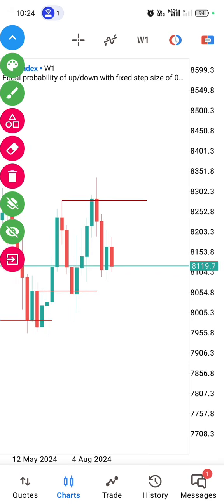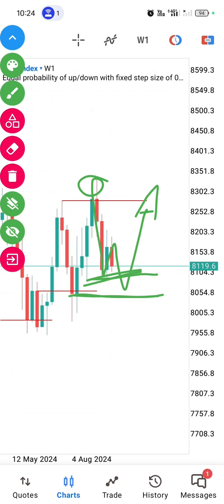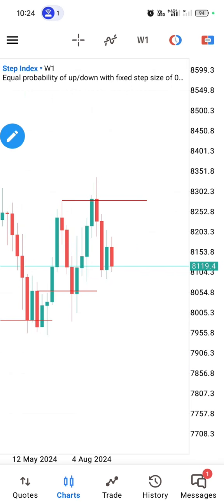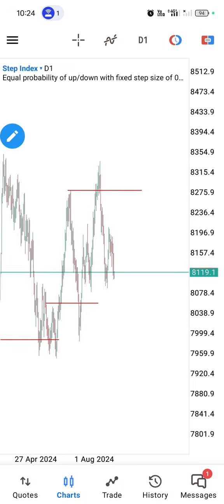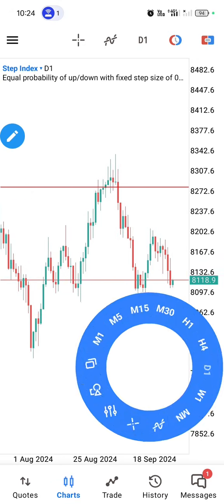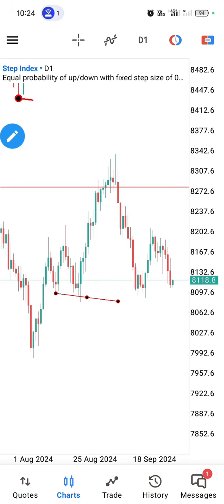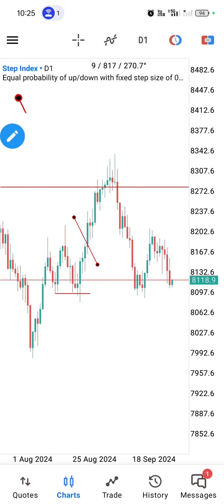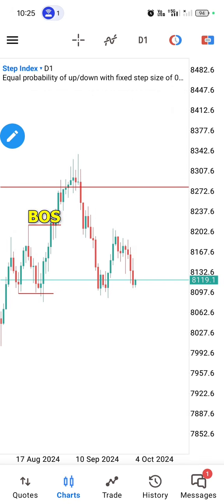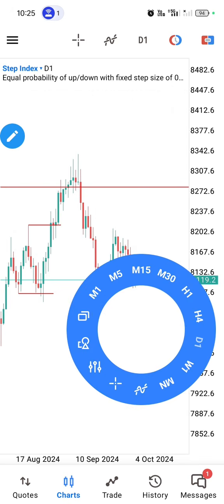Now by the books, what it has to do is return back to the weekly OB and then continue shooting up, but I had a different perspective right now, and I'll show you later. Within the range, price gave us a wipe, and then continued shooting up. It broke structure above that high, and also above that main high.